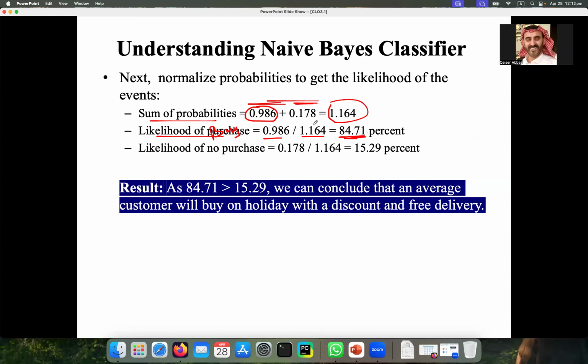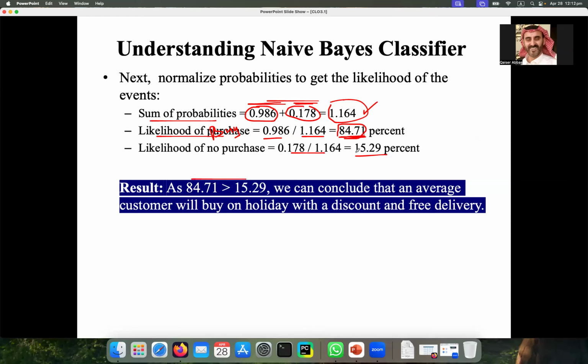And likelihood of no purchase: this is the value for no purchase divided by that total. Now if you add them, it is becoming 100%. So that erroneous thing which you have here is now gone, in percentage. So this is giving me the answer that 84% is the ratio of the purchase, that we are going to buy the things.